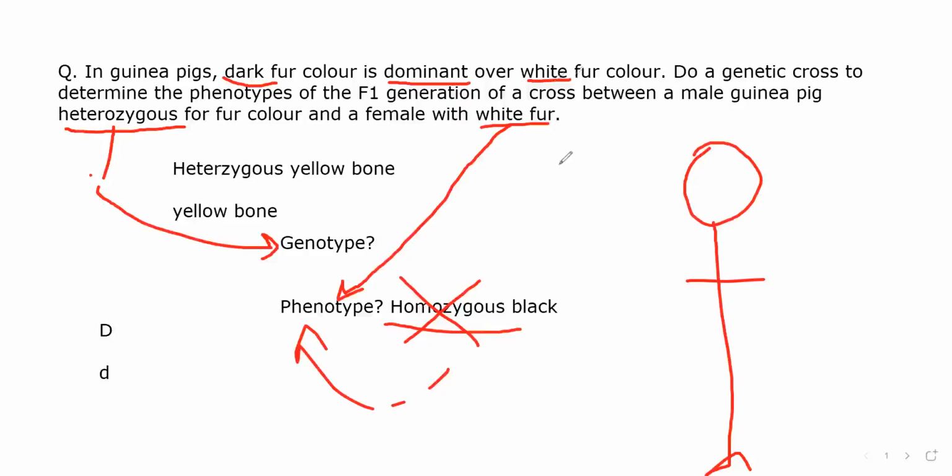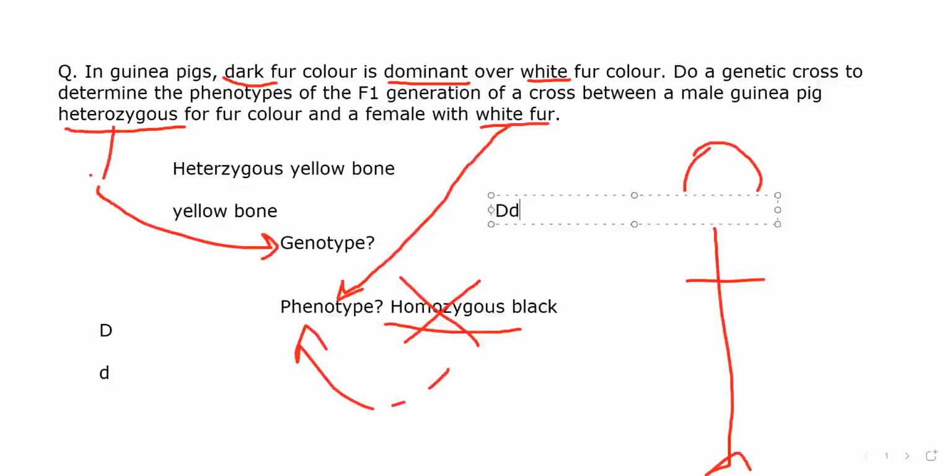The only possibility is that the alleles that control that recessive trait must be present in a homozygous state. You see two letter Ds, or at least the dominant allele should be absent. It means if I add a dominant allele there, then the phenotype will be the dominant one, which in this case is the dark fur.